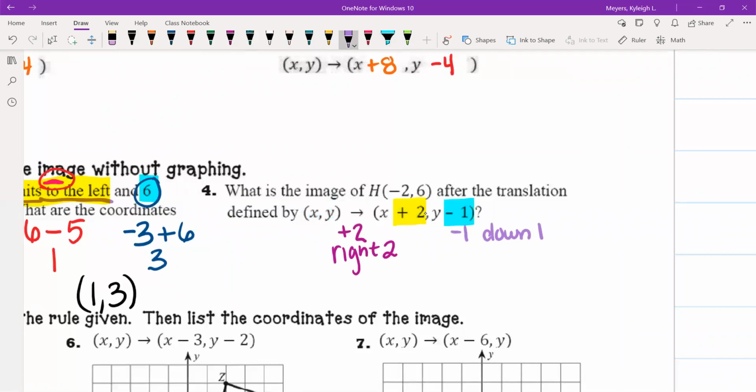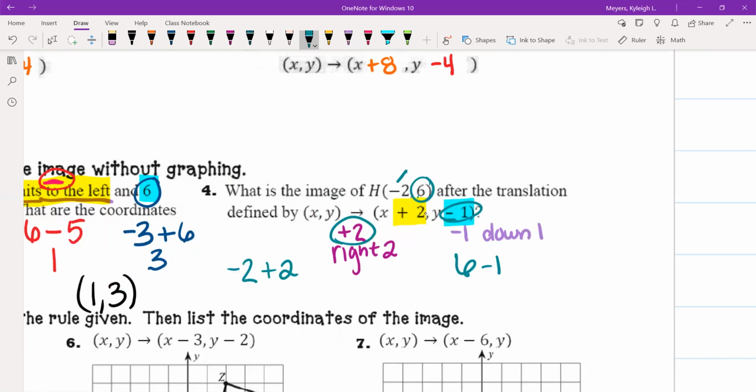But it doesn't really matter because we're just going to take our x and our y and do the addition there. So our x is -2 plus our right 2, and then we're going to take our 6 here, we're going to do our -1 there.